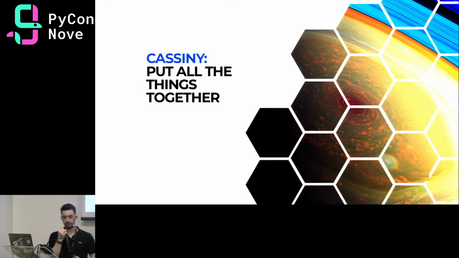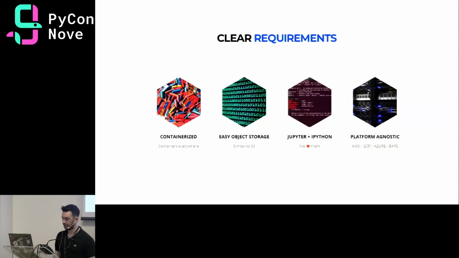Now, when I was thinking about this presentation, I said, okay, let's try to put all these things together. And I started to work on this project called Cassini. And the thing is to have containers, to have an easy object storage, and to have Jupyter plus IPython. And it has to be also platform agnostic.